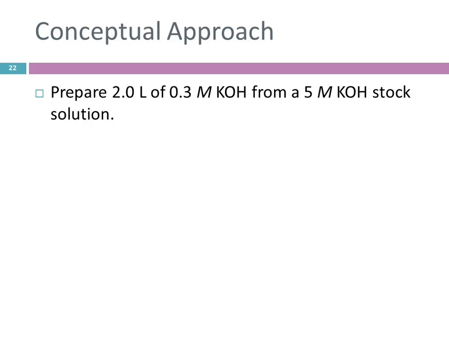So let's think about preparing 2 liters of 0.3 molar potassium hydroxide from a 5 molar potassium hydroxide stock solution. First we're going to use the conceptual approach, and then we're going to use an approach involving algebra. So here I've got my stock solution. This is 5 moles per liter sodium hydroxide.